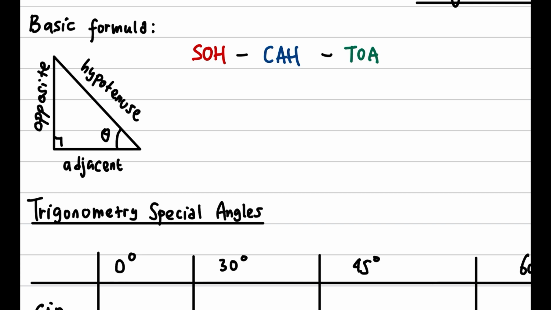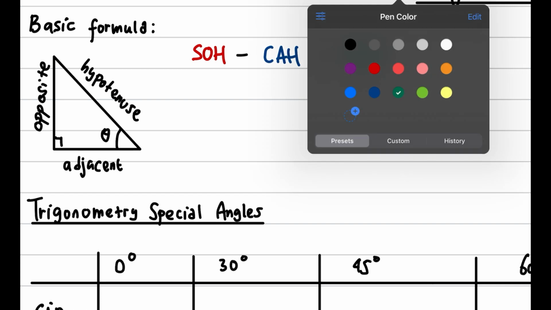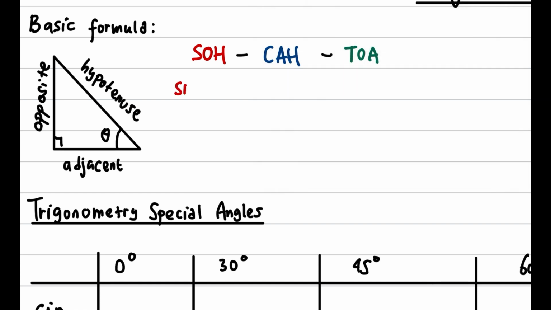Now, let's look at the right angle triangle, because SOHCAH TOA only works for right angle triangles. We put our theta here, that means this is our opposite side, this is our adjacent side, and this is the hypotenuse. So by using SOH, we can write down the formula of sine: sine theta equals opposite divided by hypotenuse.